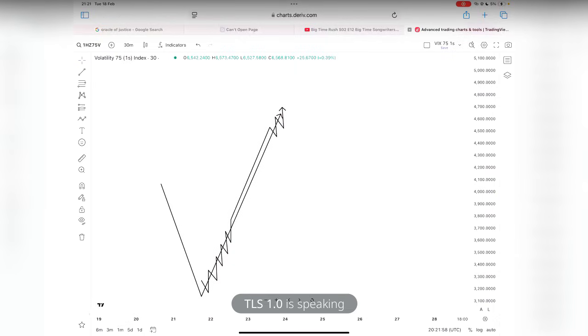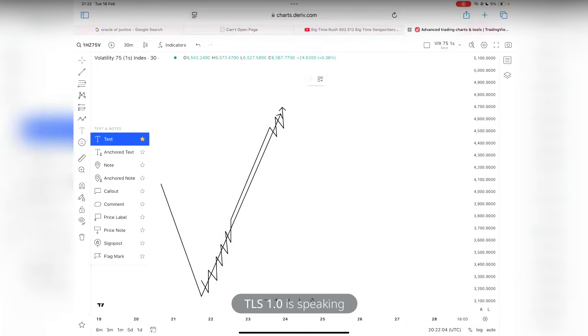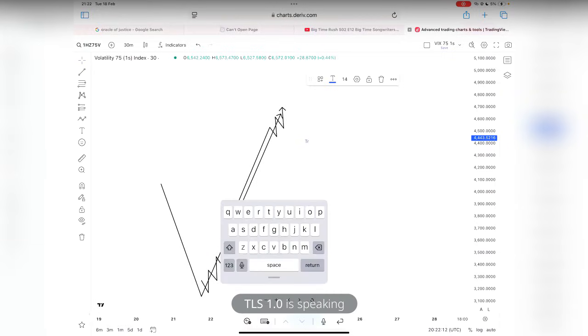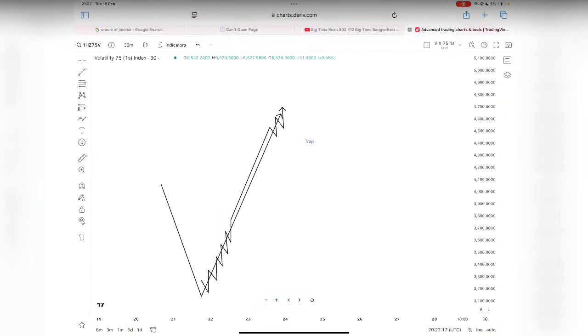It is called an inducement. What is an inducement? Trap. I said it before. The first structure is a trap. Okay. Why the second one is where you should take a trade from. But if you should take from the trap, the trap needs to be taken away first.